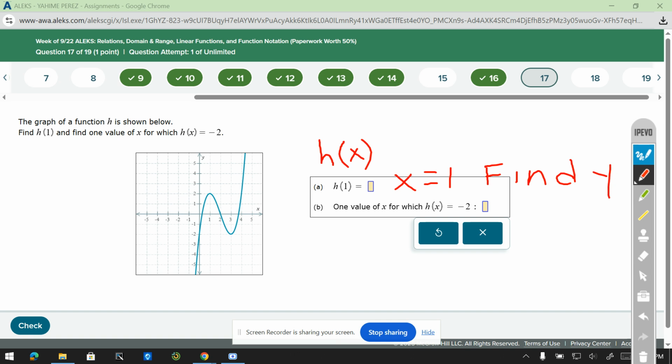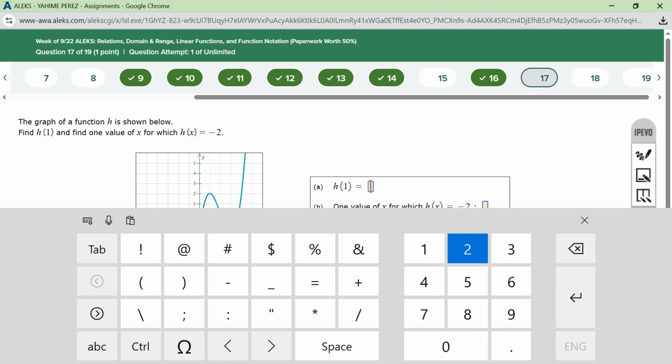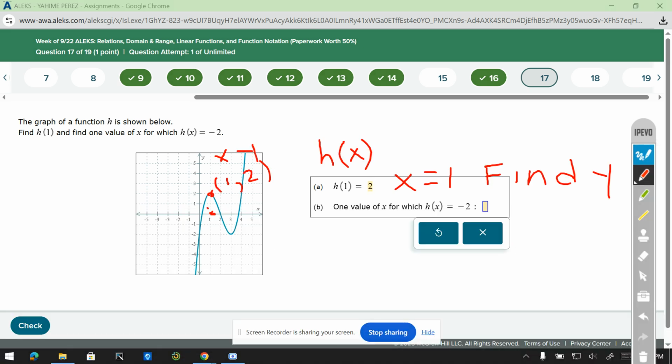So x is 1 right here. Where is the graph where x is 1? I'm going to go up to the graph right there. When x is 1, y is 2. So that first question is h of 1 is equal to 2.